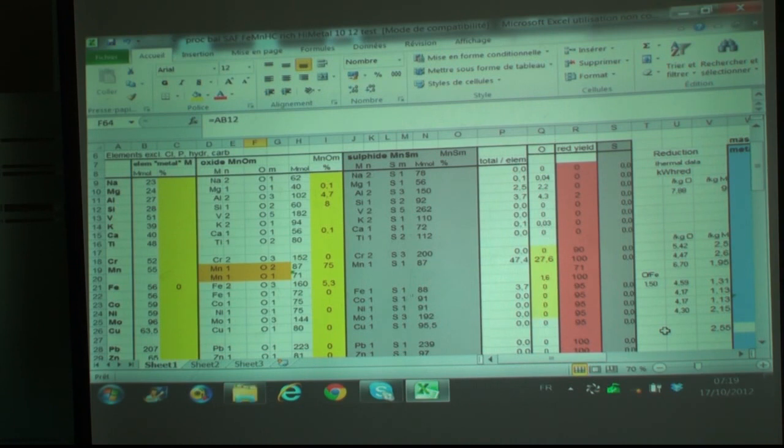And then if I continue, density in gram per cubic centimeter, melting temperature, vaporization temperature, and then we have molar formation enthalpy.